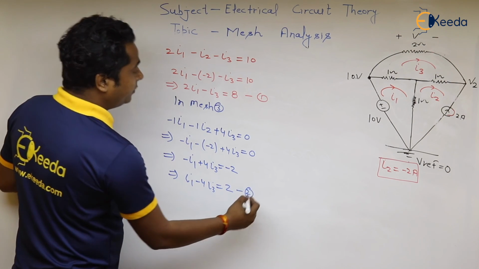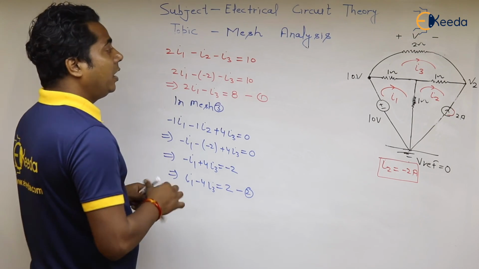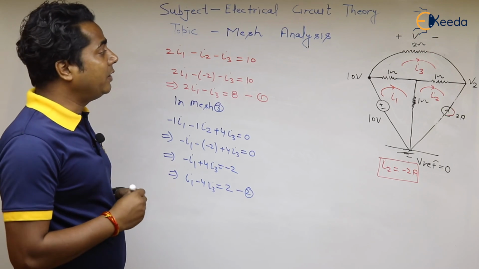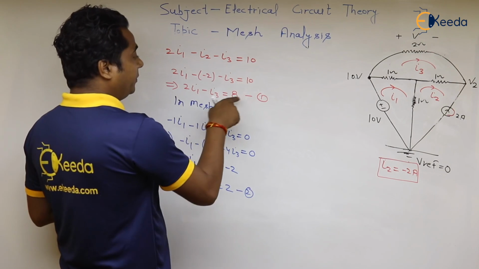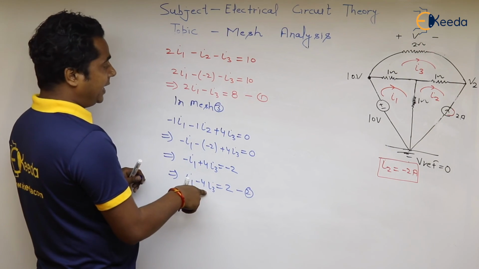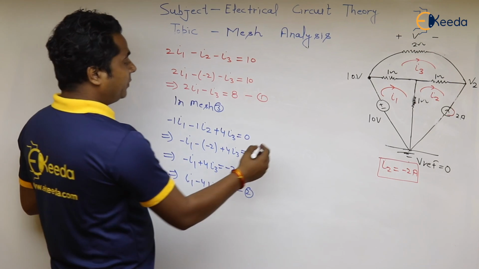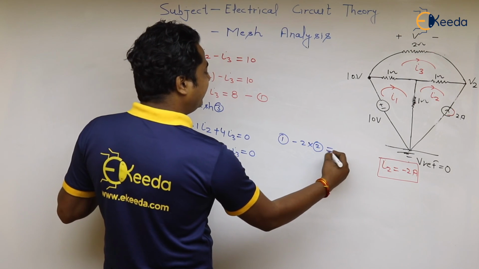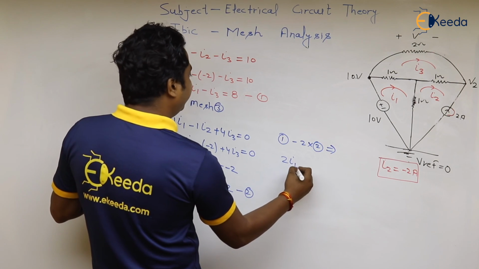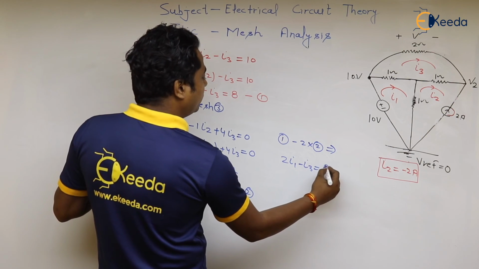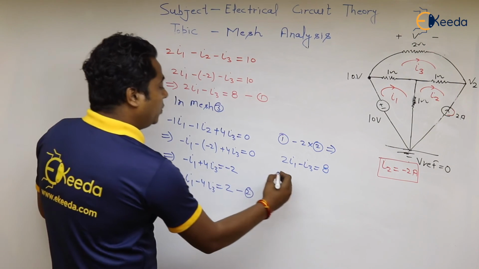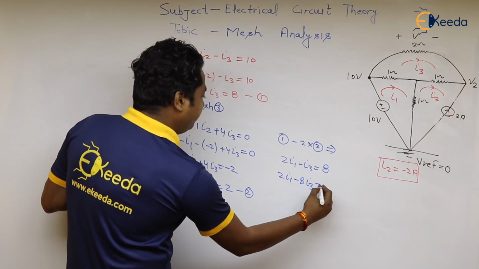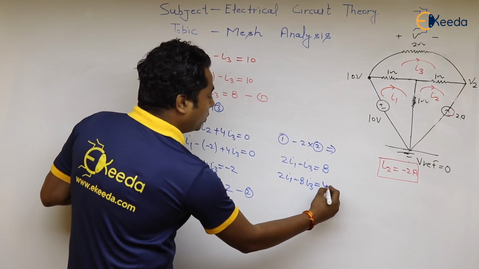These two equations we have to solve, and if we are calculating the value of V, then we have to focus on the value of I3. So from 1 and 2 we will find the value of I3. Equation number 1 minus 2 into equation number 2: equation number 1 is 2 I1 minus I3 is equal to 8, and 2 I1 minus 8 I3 is equal to 4.